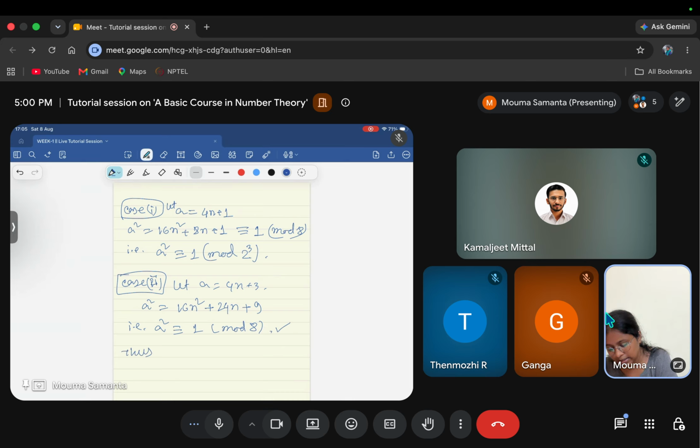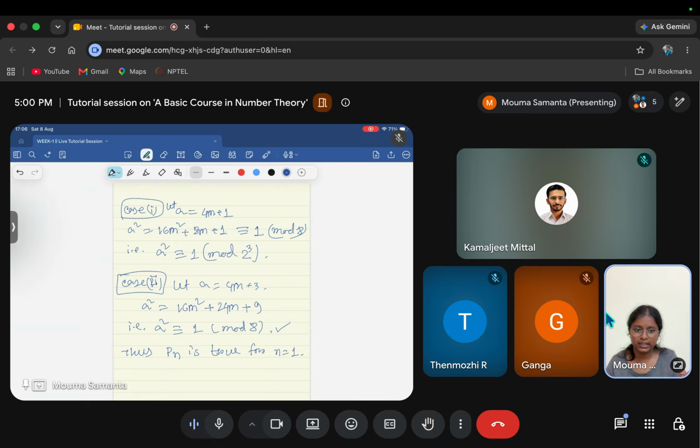Thus Pm is true. Here we should write m because we already have used the notation n before. Pn is true for n equals 1.